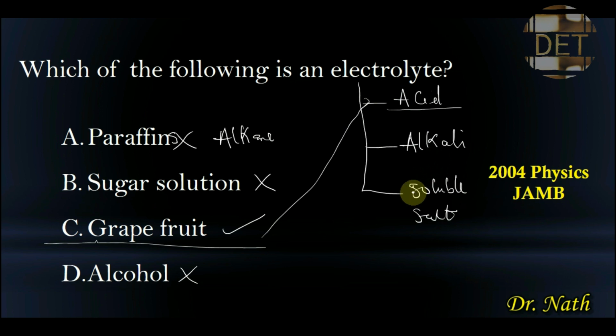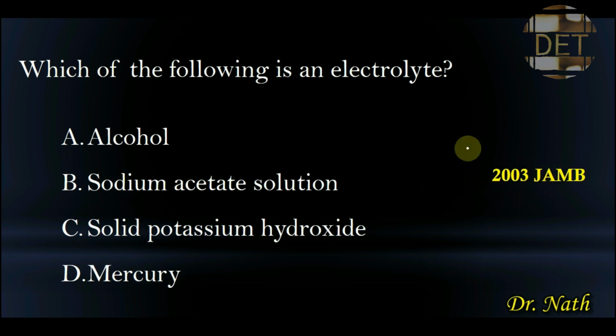The next question I have here is a 2003 JAM question, and the question is, which of the following is an electrolyte? Is it alcohol? It is not alcohol. Alcohol is an example of a non-electrolyte.